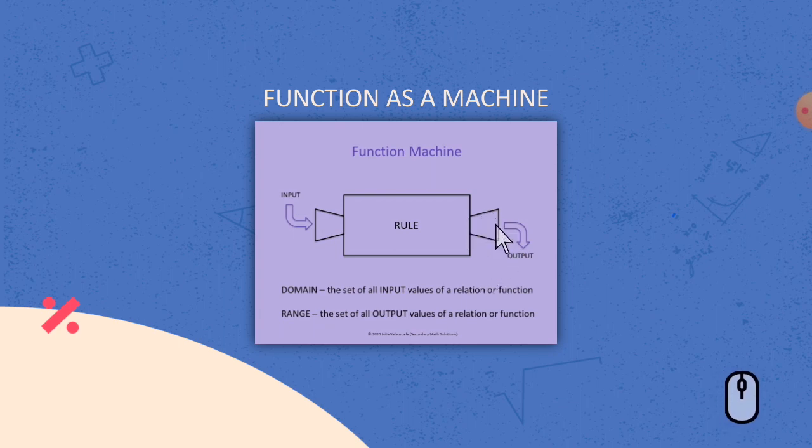So hindi naman natin pwedeng sabihin na kapag pinasok natin sa orange, ang lalabas ay grapes. So hindi po. So dito na nakapaloob yung ating tinatawag na definition ng function. So hindi pwedeng maulit ang ating input or ang ating domain or the x values. So pag sinabi nating domain, ito yung ating input values. And then the range is the output values.